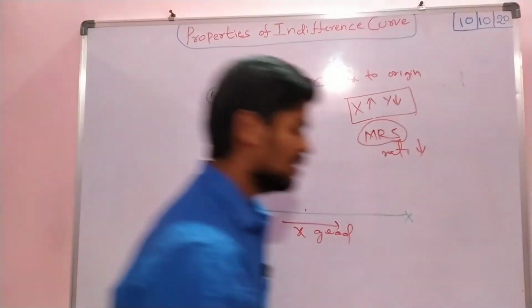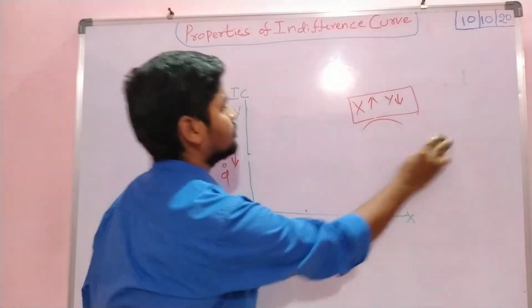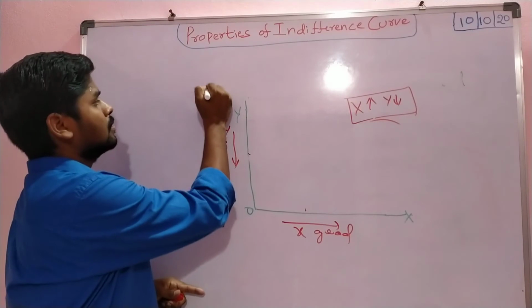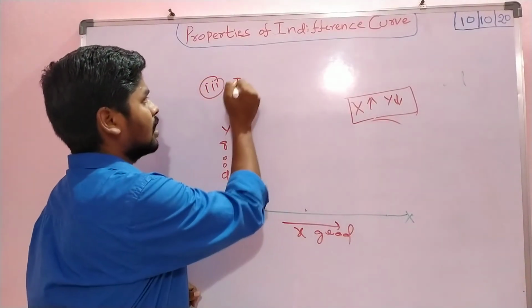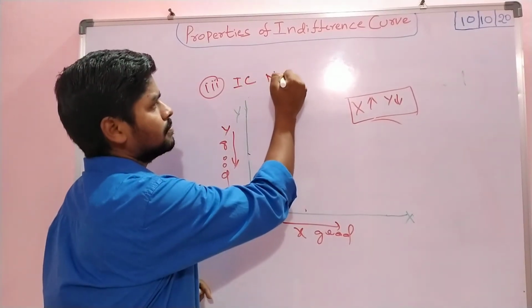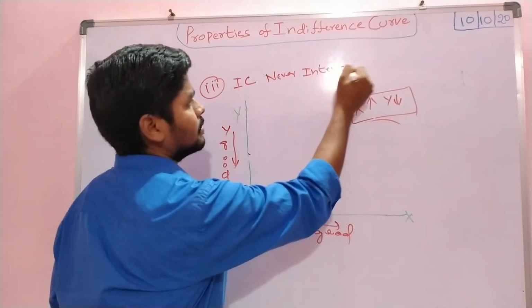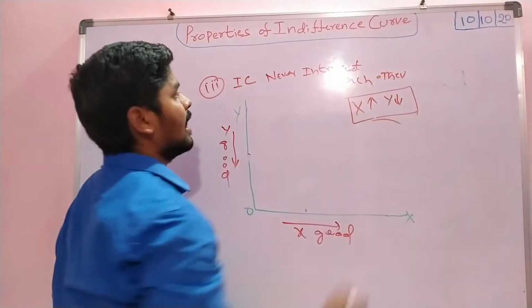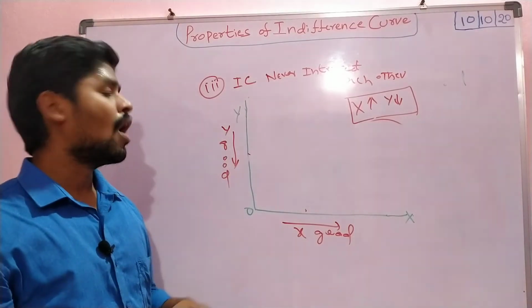Coming to the third most important property of indifference curve: indifference curves never intersect each other. See how and why.